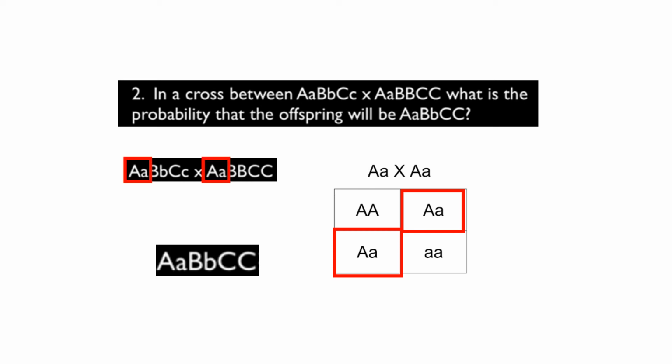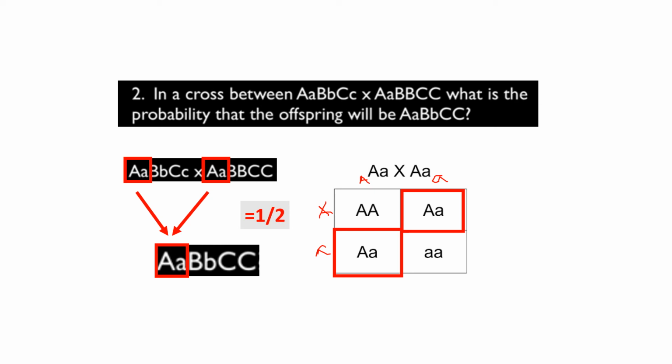You have in both cases heterozygous, and they are asking you, if you have these parents that are heterozygous, what are the chances that you get another heterozygous? And look, I did the cross. It will look like this. So the chances are 50%.